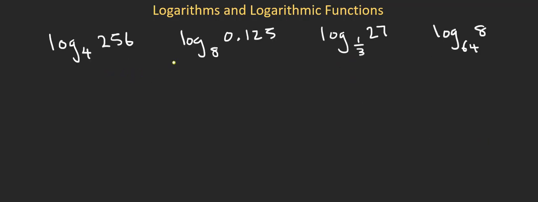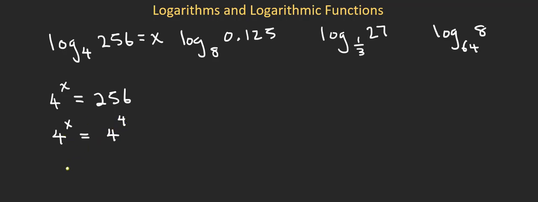We need to evaluate these four expressions. So we've got log base 4 of 256. Well, let's set the whole thing equal to x. This means 4 to the x equals 256. And what is 256? Well, that is 4 to the 4th power.